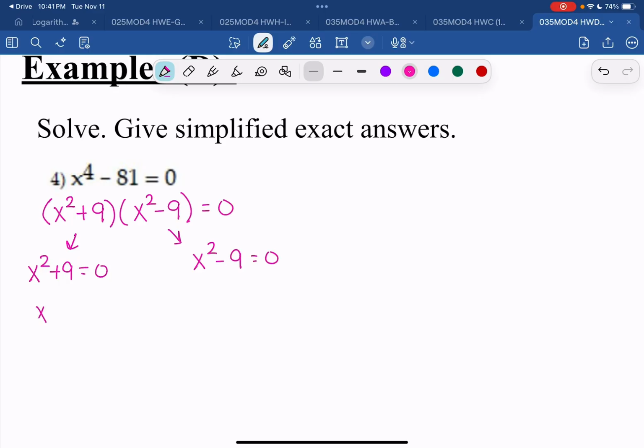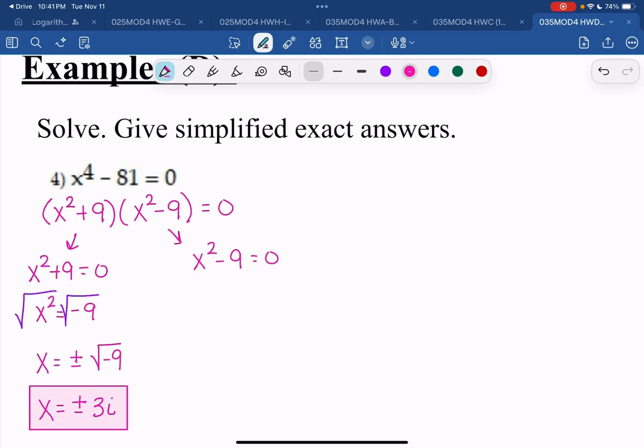And then I could say that x squared equals negative 9. And I could take the square root. And so x equals plus or minus the square root of negative 9, which is plus or minus 3i. Then, same thing here.